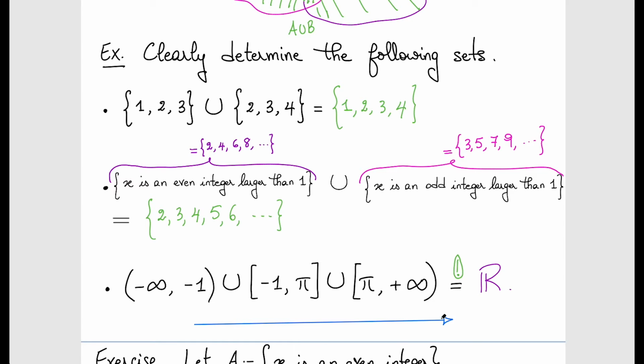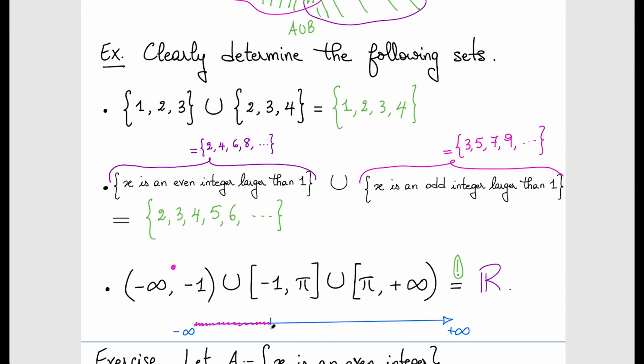So this is the number line. Minus infinity to negative 1. Let's call those guys pink. Where are the pink guys? Minus infinity all the way to negative 1. Negative 1 is not pink, right?